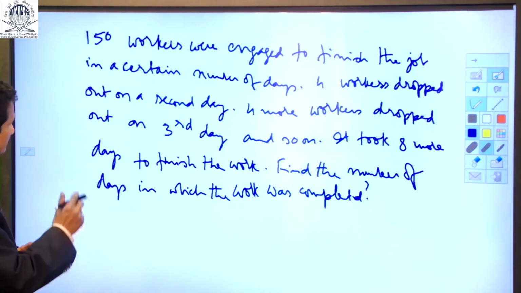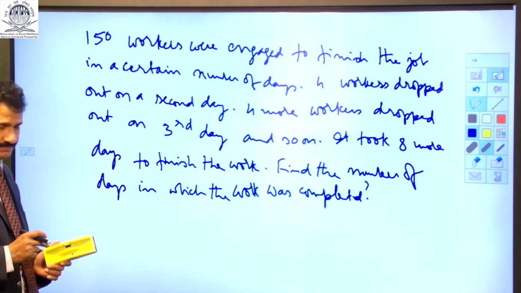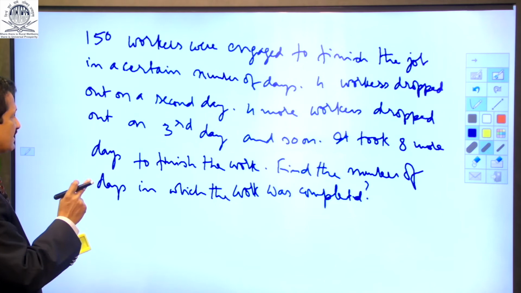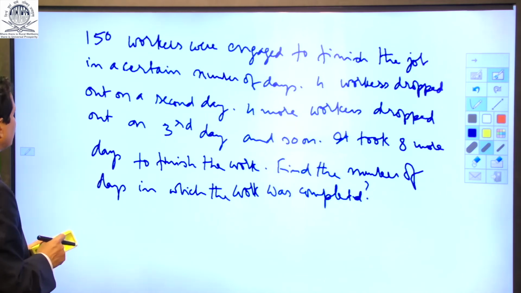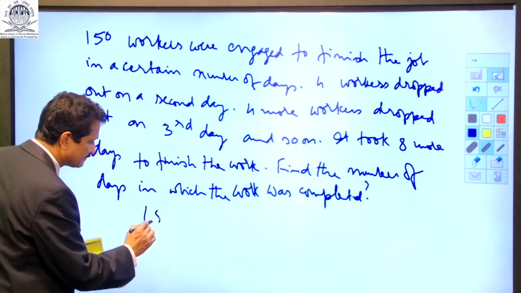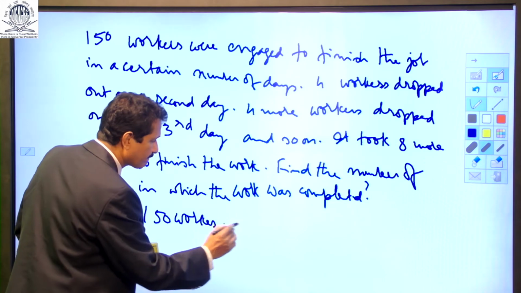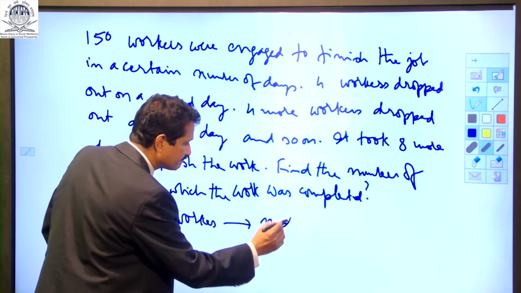Let us say it took 8 more days to finish the work. So we have to find the number of days in which the work was completed. Now, 150 workers took n days.